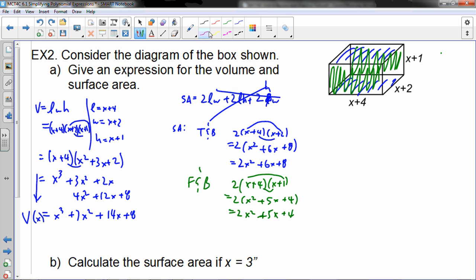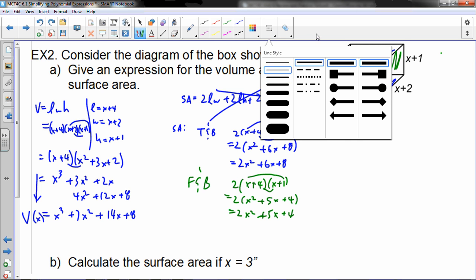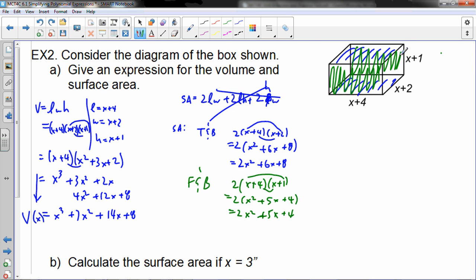And then finally, last color here. What two sides haven't we done yet? We haven't done the left side here and the right side. What I'll do over here, left and right side. Well, there's two rectangles. X plus 2 times x plus 1. Multiply everything by everything.